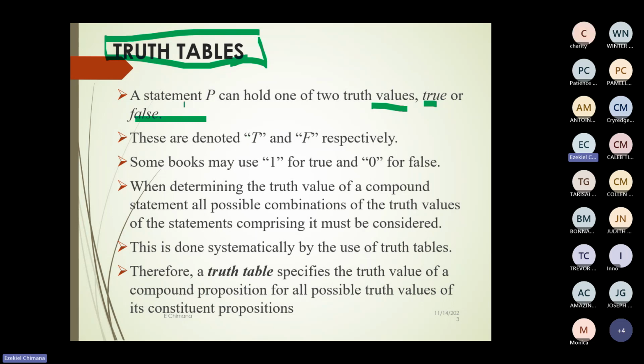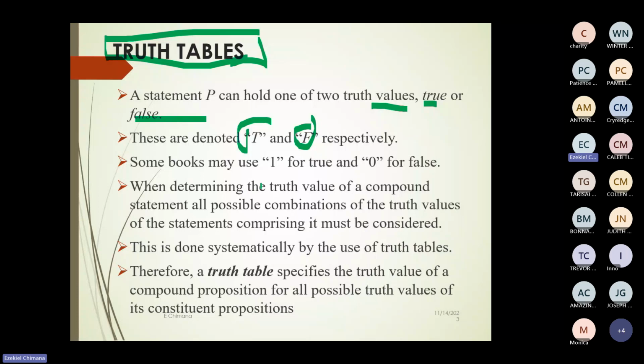These are denoted by T and F respectively. Some books may use 1 for true and 0 for false, but here let's use T and F. If you find some books which use 1 and 0, I'm sure you now know what to do there.